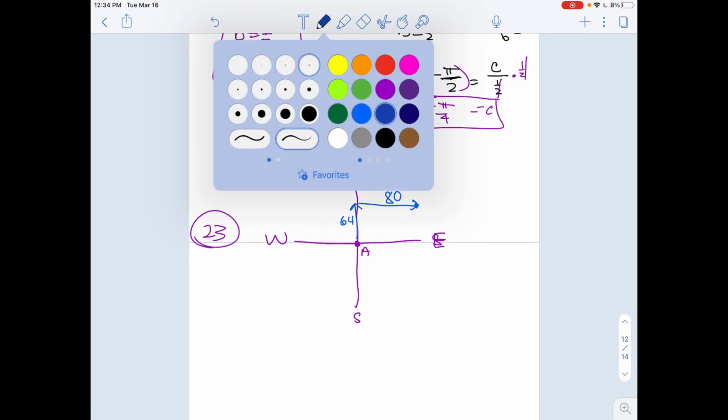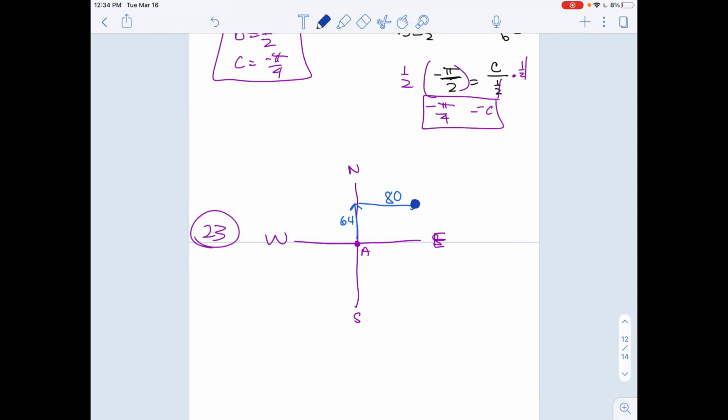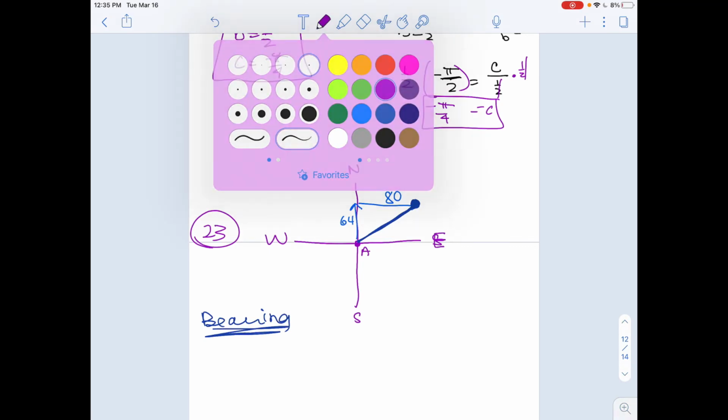So right now, this is where the plane is at. And we need to find which way the plane should go to get directly to that point. So we're going to draw it right here, okay? So I need to know what the bearing is that we're looking at here. Remember, a bearing is always from the north or south line.